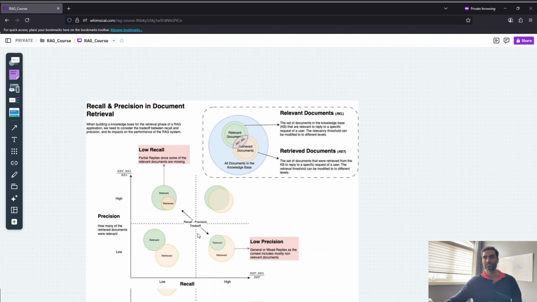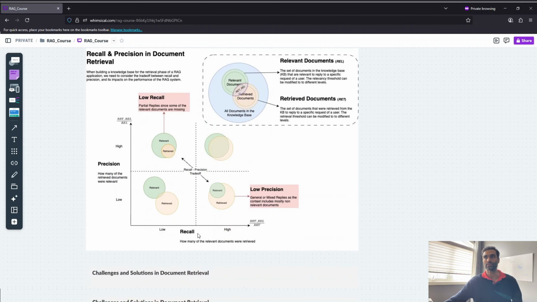Now let's see this particular chart. This is precision and this is recall. When you're building a knowledge base for the retrieval phase of a RAG application, we need to consider the trade-off between recall and precision.